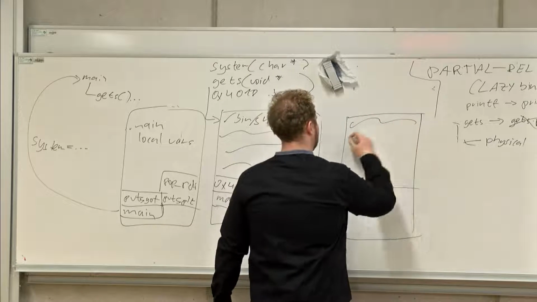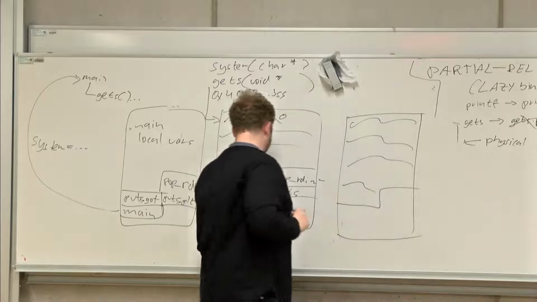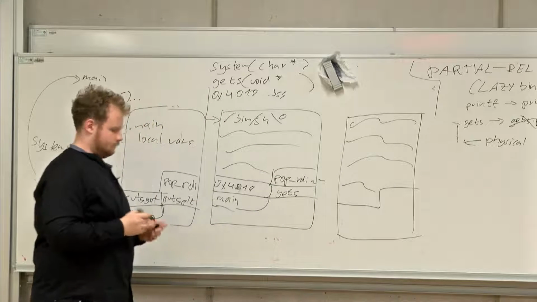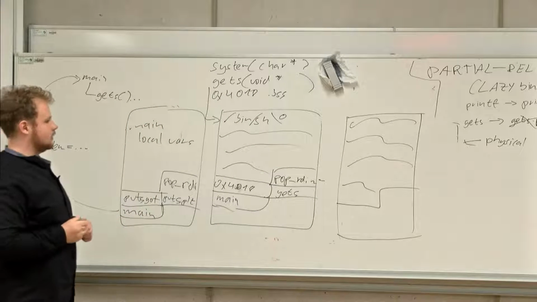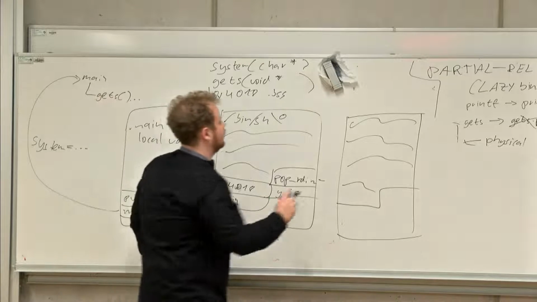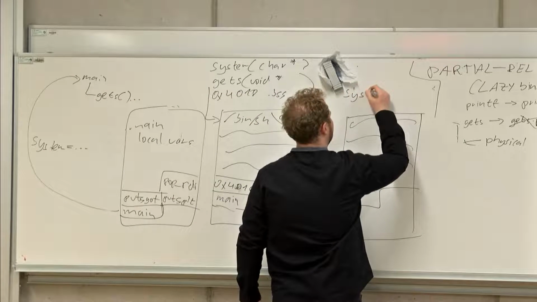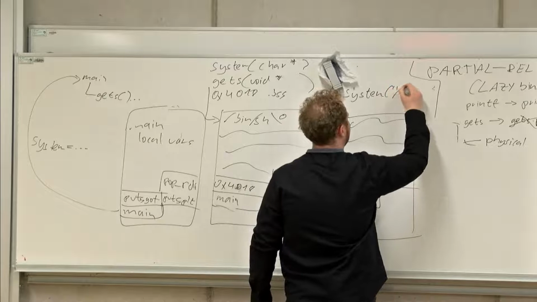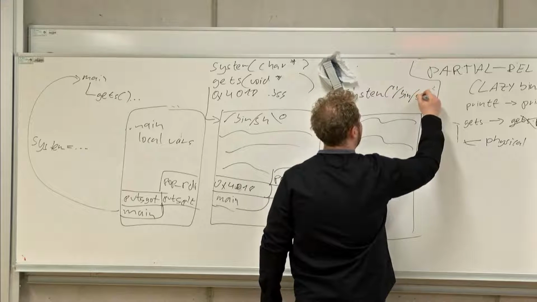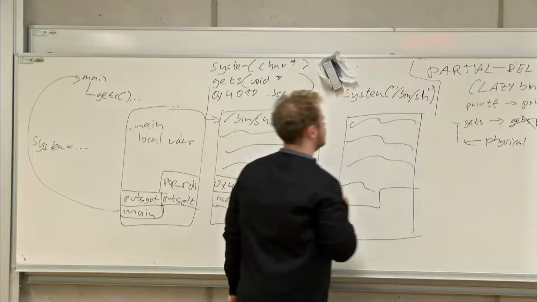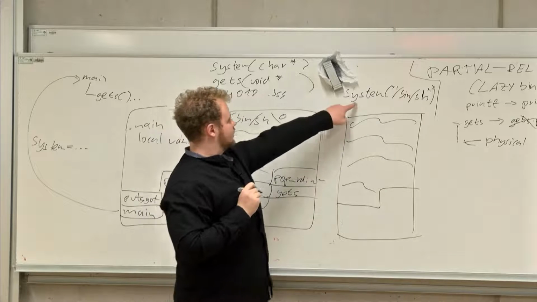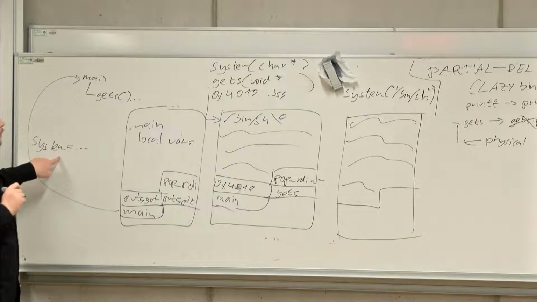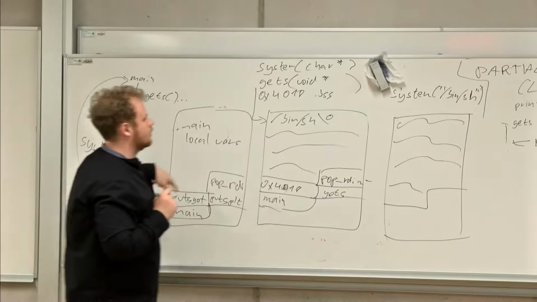Great. So we do this all again. We are back in main. So now we'll be calling system with this. System, we know the address to. We calculated it from the first run.